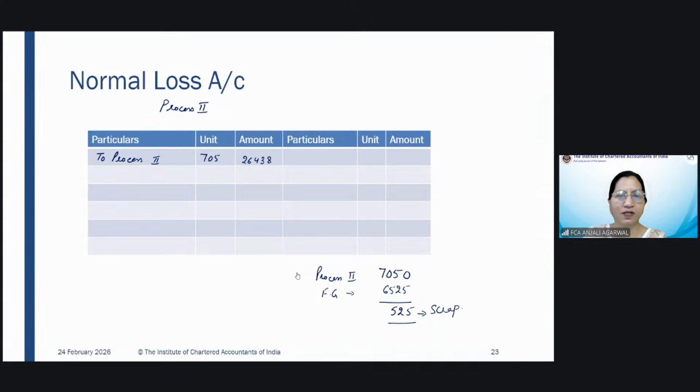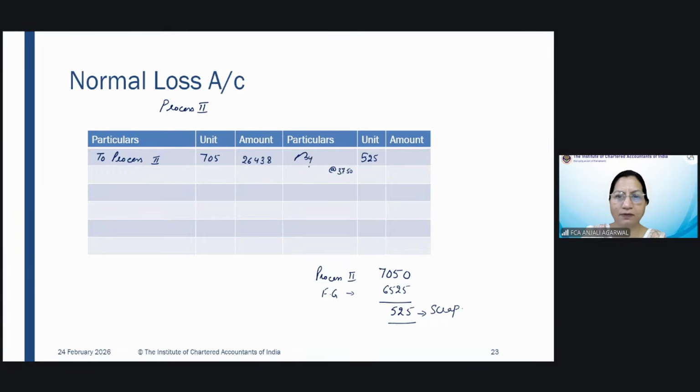Whereas the normal loss account said you would have a scrap of 705 units, which could be sold for 26,438. But now you have only 525 units, which are sold at the rate of 37.50.